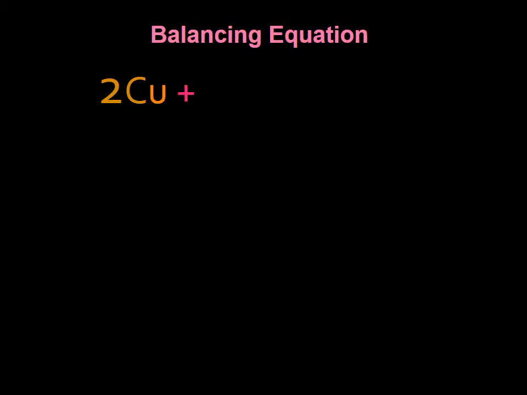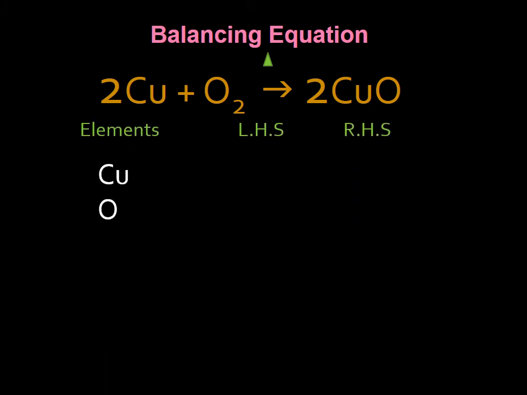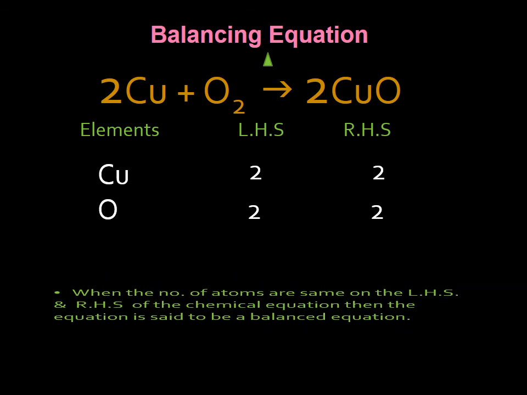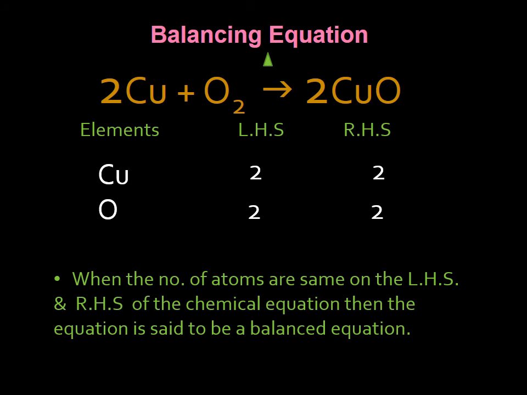Now the next step is balancing the equation. Again we will take the similar reaction, copper reacted with oxygen forms copper oxide. In this reaction there are two elements, that is copper and oxygen. On the left hand side there are two molecules of copper, and on the right hand side there are two molecules of copper.